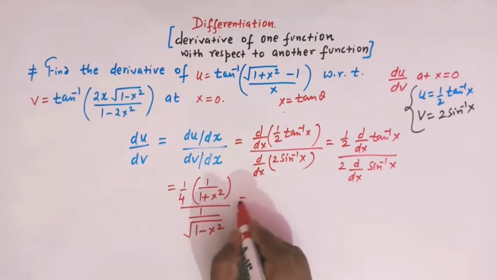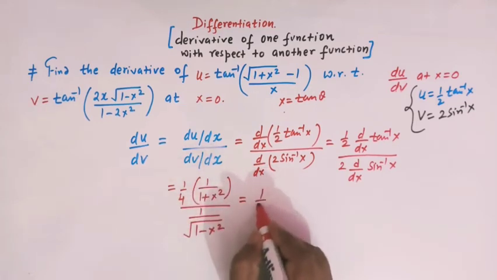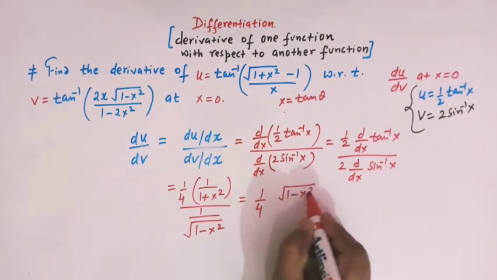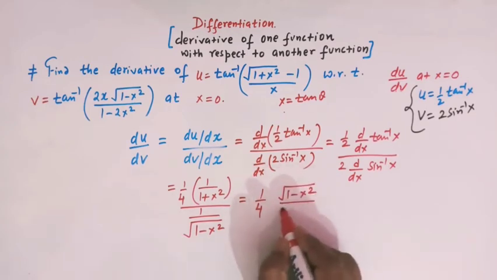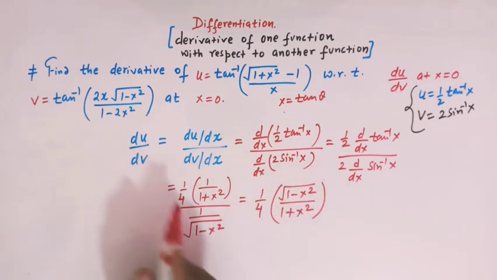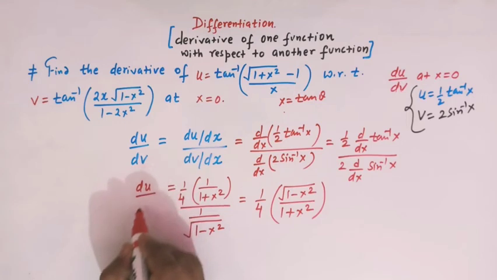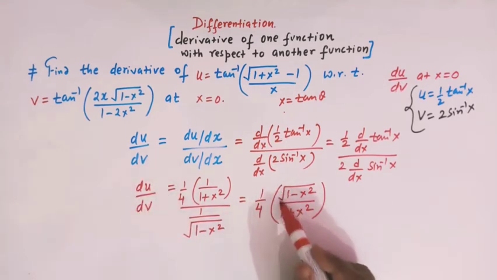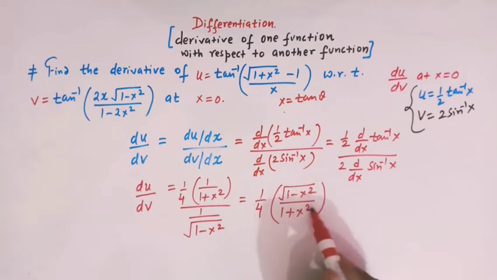So now we can write this expression as 1 over 4, and we have square root of 1 minus x square divided by 1 plus x square, right? So the derivative of u with respect to v is 1 over 4 times square root of 1 minus x square over 1 plus x square.